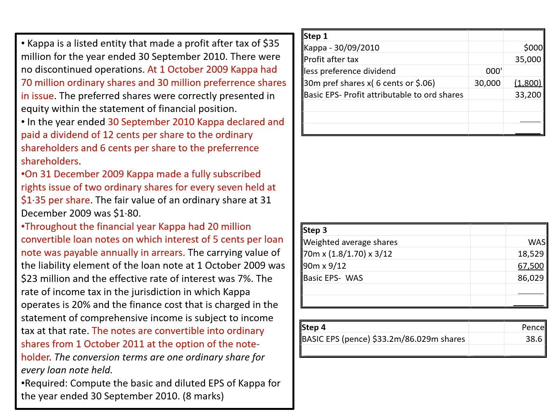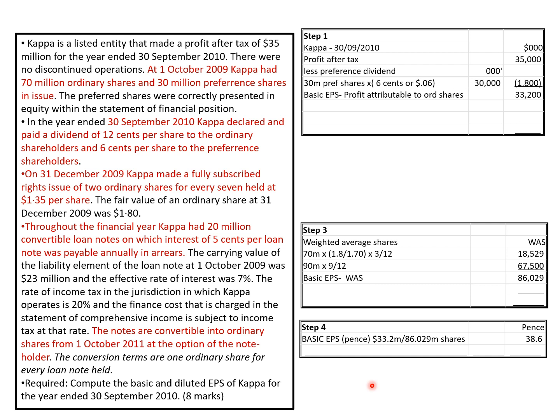Right, now we're going to work out the diluted EPS. For that, we have to look into this bit of information here, where the company had issued 20 million convertible loan stock, and they would be converted sometime on 1st of October 2011.